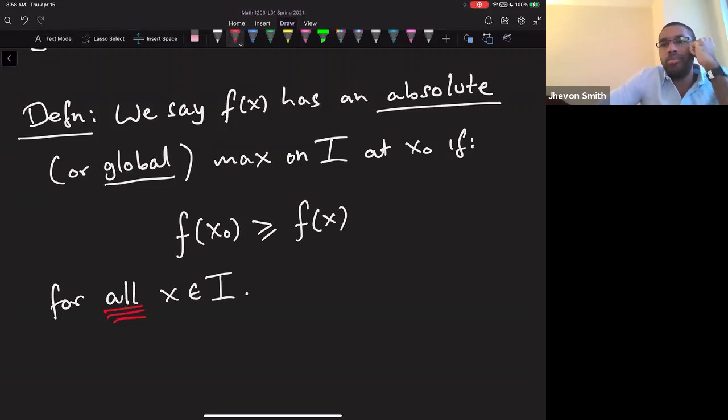So we sometimes call it the absolute max or the global max. I'll mostly use the phrase absolute max, but if you see the word global, you shouldn't be confused. You're the absolute maximum output if the output at that point is greater than or equal to every other output on the interval you're considering, right? Okay, cool.